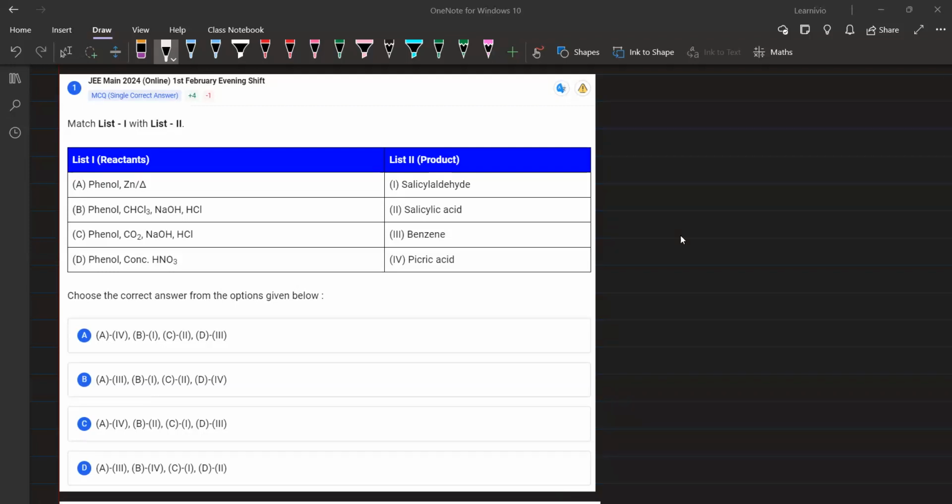Here you have been given the reactant and you have to match it with the products. Look at the options. Which option is the most suitable that you should try first? Okay, all the options are almost similar.